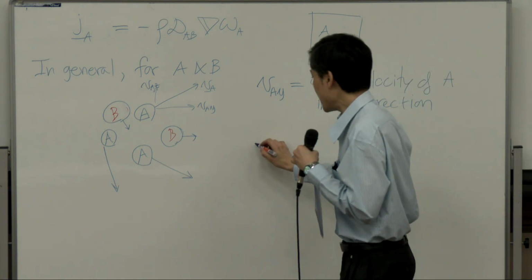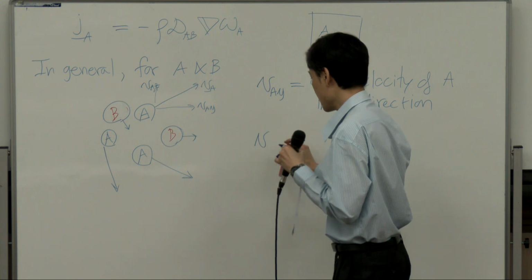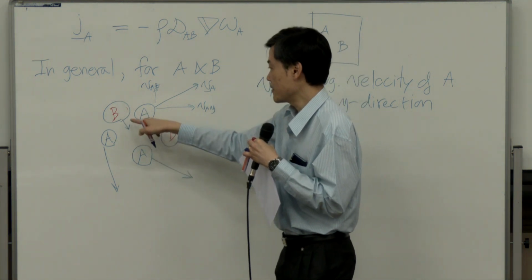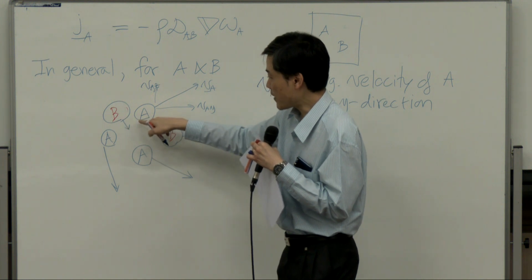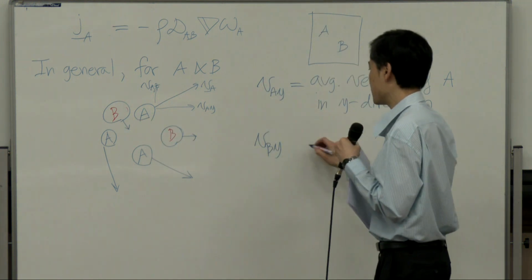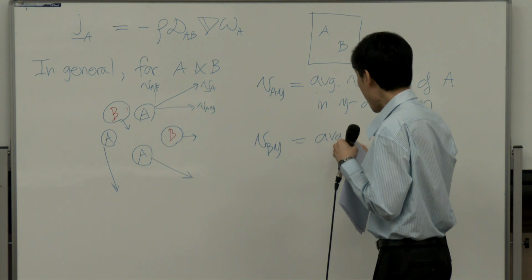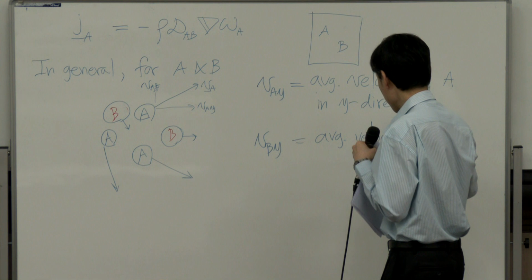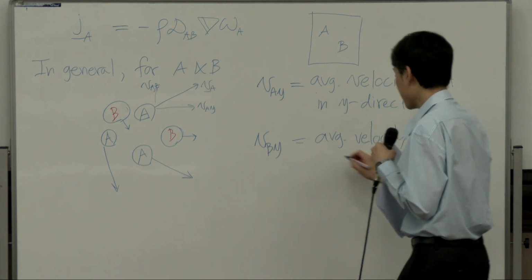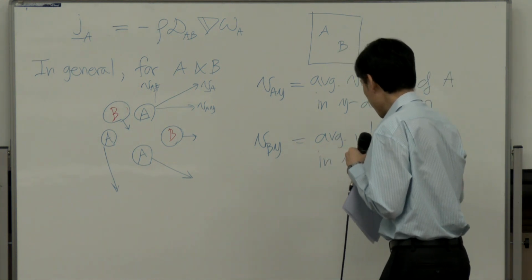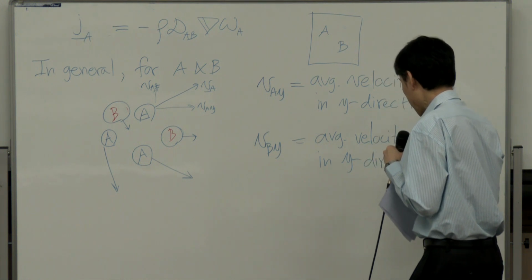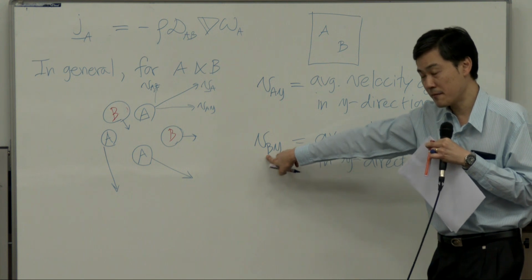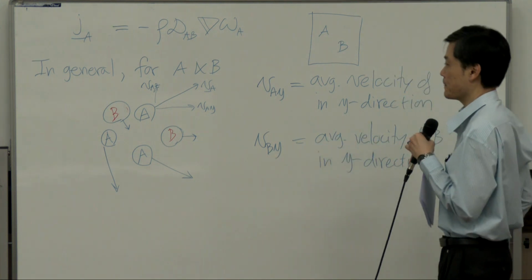If I do the same thing for B, I just focus on B, expand the velocity into y direction, and calculate the average value. I will get average velocity of B in y direction. I'm calling this VBY, all right?